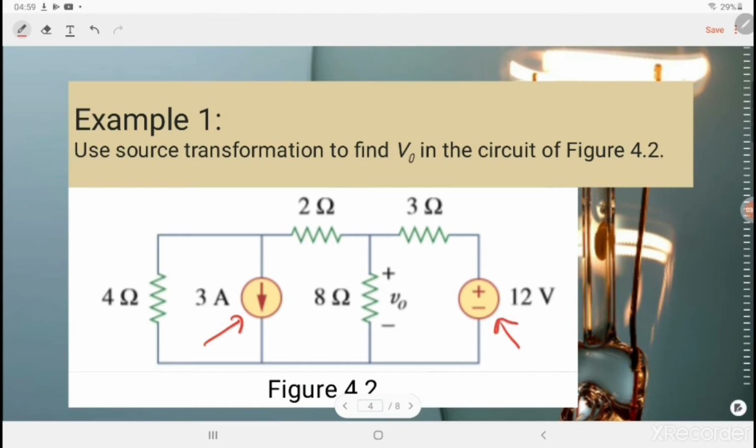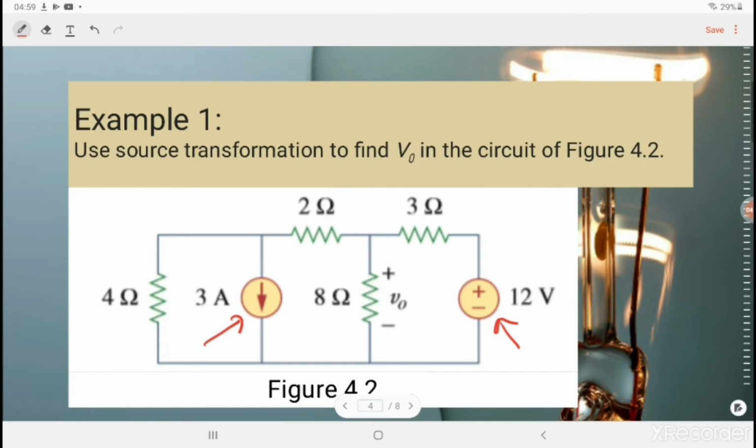By using source transformation, we first need to check that the current source is in parallel with a resistor, and the voltage source is in series with a resistor. Are these two conditions met? Then we can apply the source transformation.